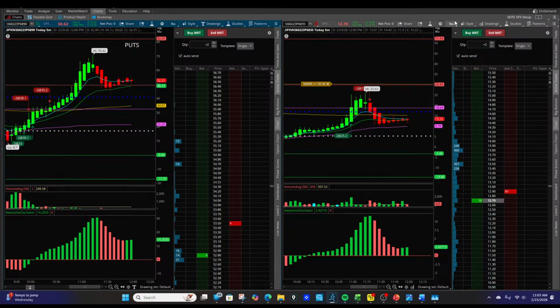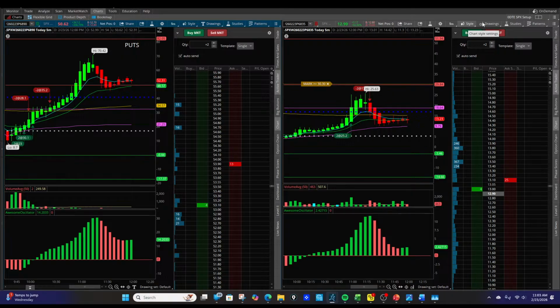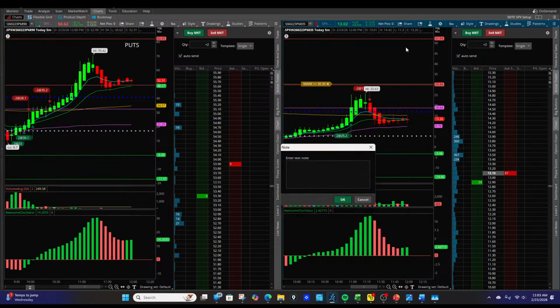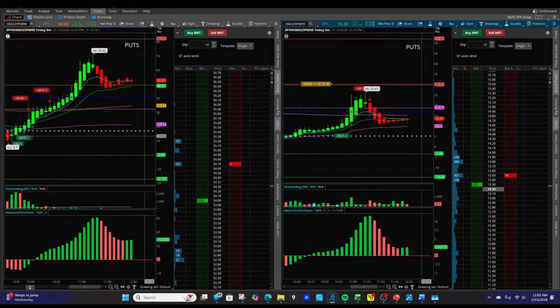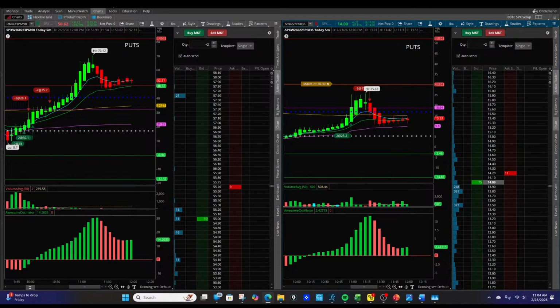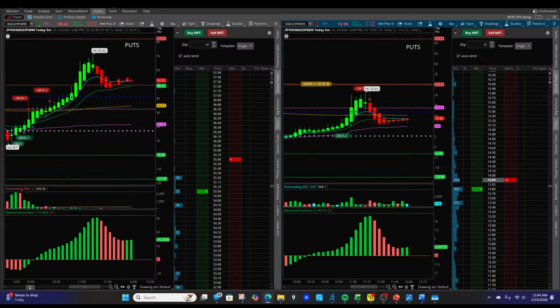Okay, where do I want to be here? Drawing, that's it. Okay, so both of these screens are now puts, because that's what I'm interested in today.